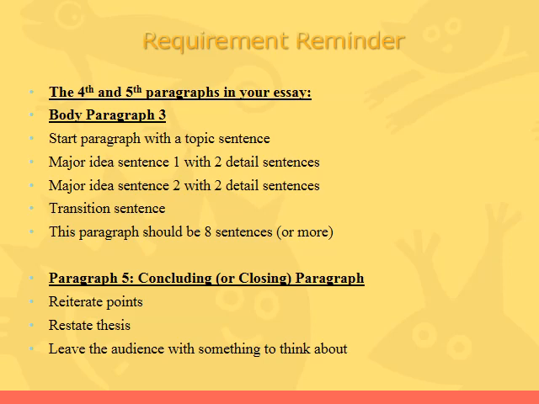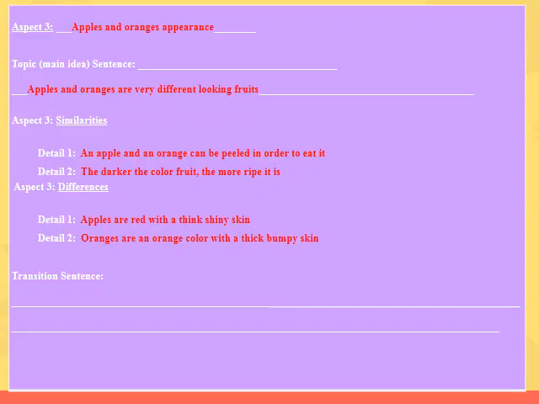But in this particular case, we only have 3. Therefore, the fifth paragraph in your essay is going to be the concluding or closing paragraph. Basically what that does is reiterate all of the things that we're talking about now and restate your thesis. Okay, so going back to our third aspect, I just wanted to put that little reminder in there so you know where your paragraphs lie in your essay.